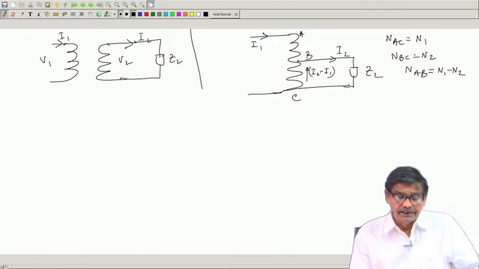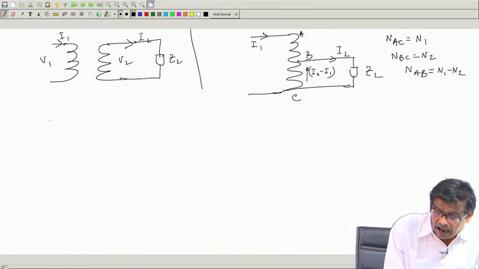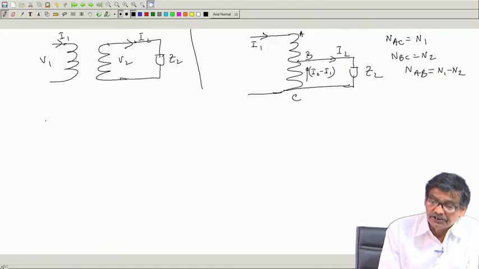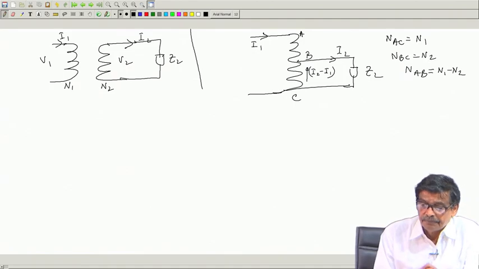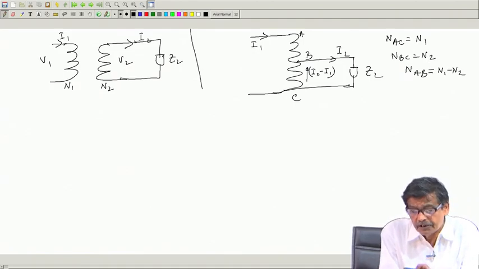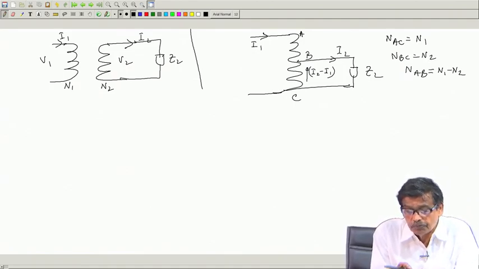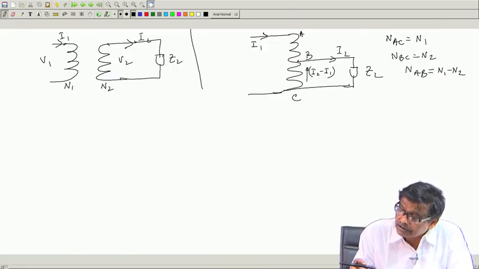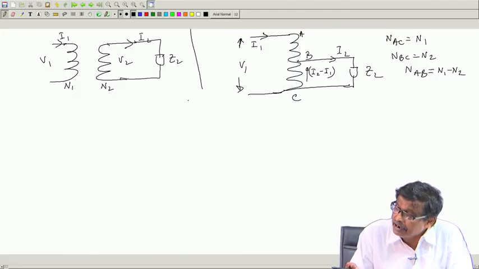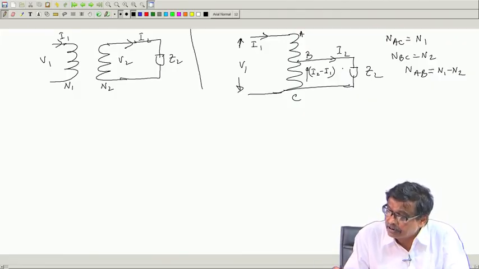Now, I will try to find out these ratios. Here it is N1, here it is N2, because voltage per turn is V1 by N1 and output voltage will be V1 by N1 into N2. Here voltage per turn is once again V1 by N1, and this turn N_BC is N2. So, V1 by N1 into N2 gives you this voltage V2.